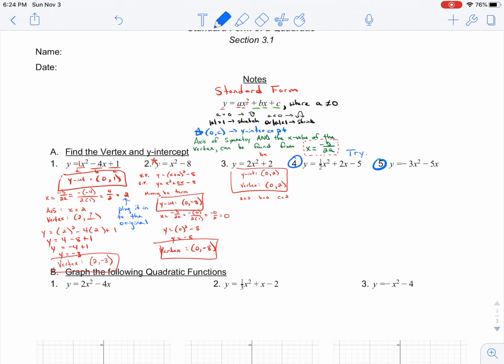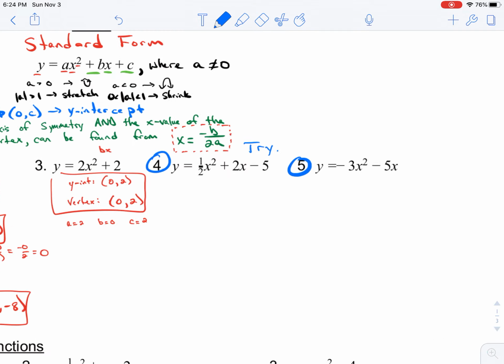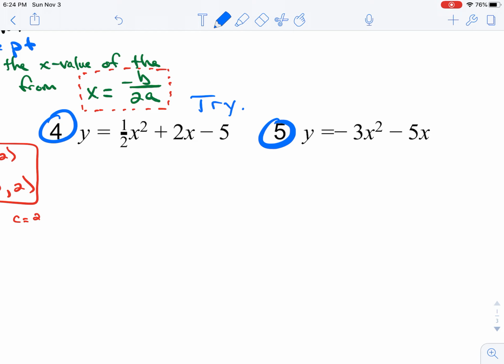So 4 and 5 are going to be done on your own. I think you're at the point where you can accurately find those values. I do want to mention 4 and 5 there is no shortcut for, so you have to actually do negative b over 2a. Notice in number 5 that you're missing your c value, which means it's really like +0. So that's a little hint for you.